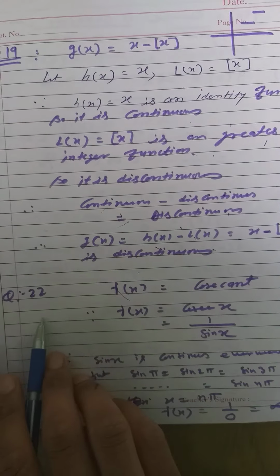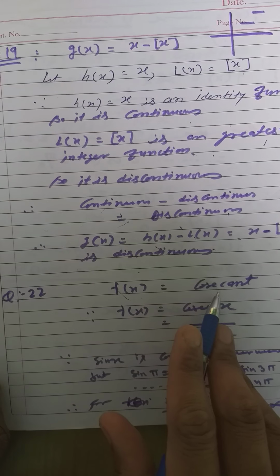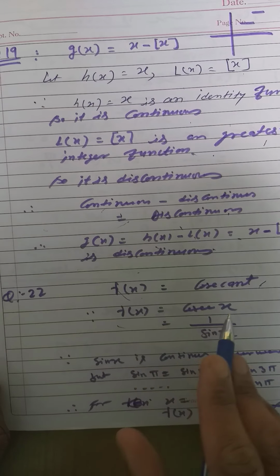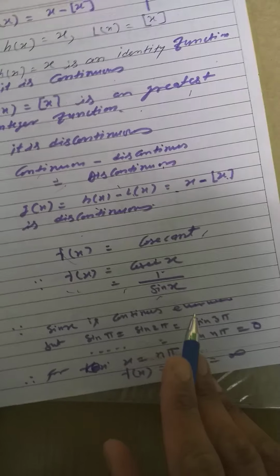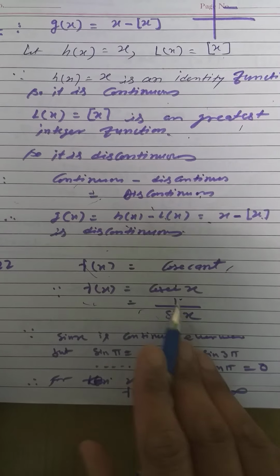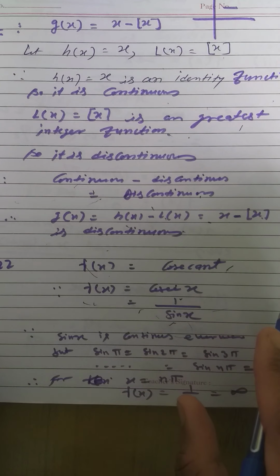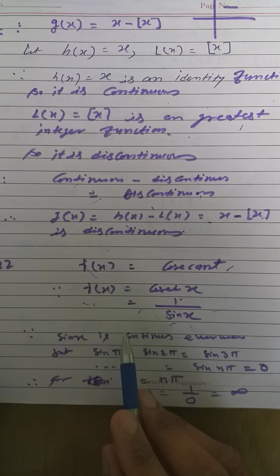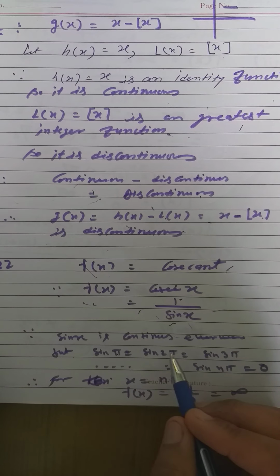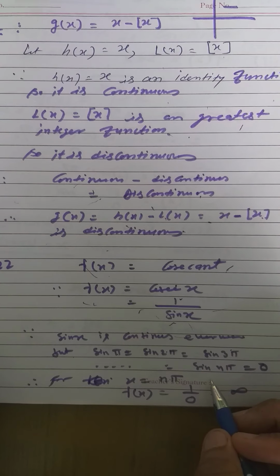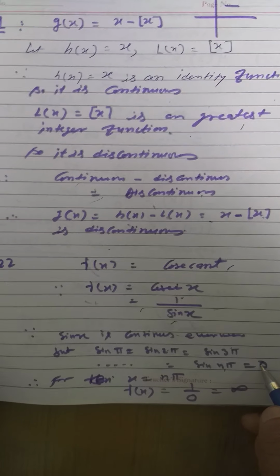Question number 22. f(x) = cosec x, equal to 1/sin x. As we know, sin x is continuous everywhere, and we can also see this from its graph. But sin pi = sin 2 pi = sin 3 pi = sin n pi = 0.